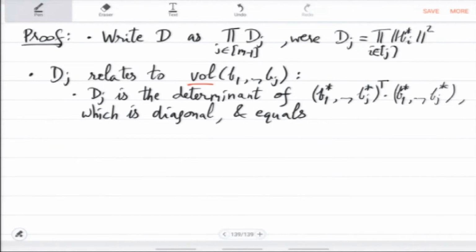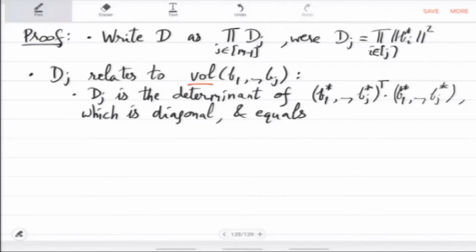Now remember that B1 star to Bj star are computed by GSO, so they only depend on B1 to Bj. So, B1 star to Bj star are just a transformation on B1 to Bj. So, we can rewrite it as B1 to Bj times a matrix transformation and itself.